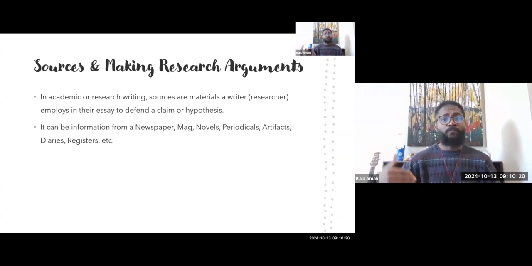Sources can also be a place, maybe that place is instrumental in your paper, and you have to visit it. When you go there, you cite in your paper that you visited this place and collected first-hand information. Sources can also be an interview, people's experiences or people's stories, after you have interviewed them.